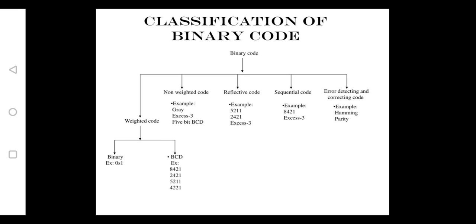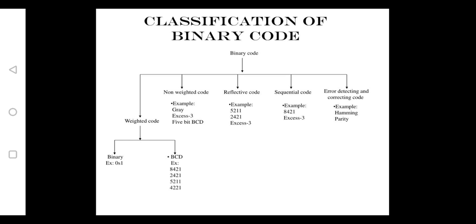Whereas BCD, which is binary coded decimal, means we are representing the decimal in terms of binary, but each and every individual digit is represented with 4 bits. Let me take an example of 10. We need to represent decimal 10 in binary as well as BCD.